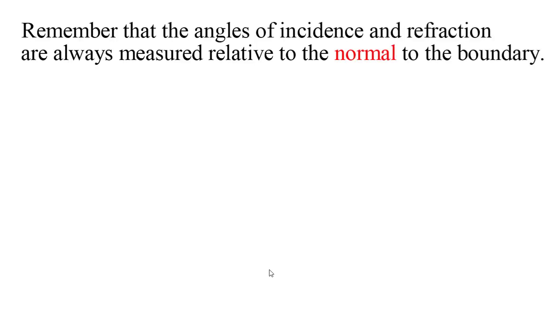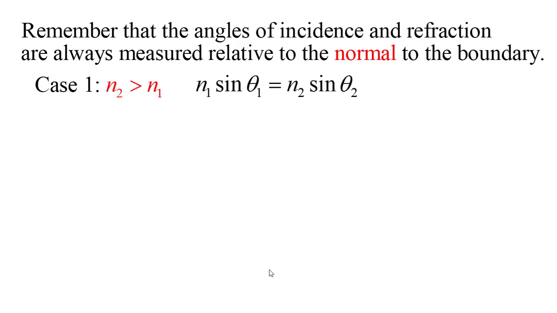Remember that the angles of incidence and refraction are always measured relative to the normal to the boundary. The first case, case 1, is when n2 is larger than n1, that is, the refractive index of medium 2 is larger than the refractive index of medium 1. n1 sine theta 1 is equal to n2 sine theta 2 is our Snell's law, and we can rewrite this as sine theta 1 is equal to n2 over n1 times sine theta 2.